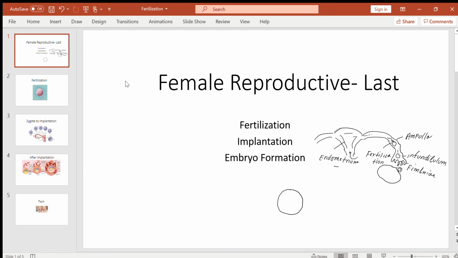And egg is only one, you know that only one ovum or oocyte or egg is released, right, at a time, and it stores huge amount of nutrients and energy.